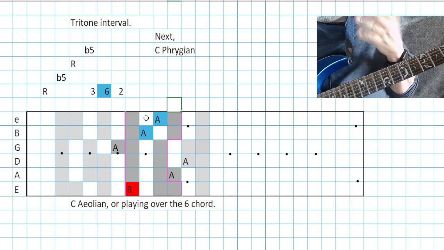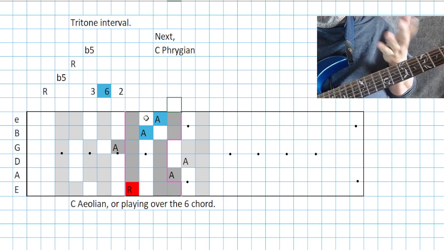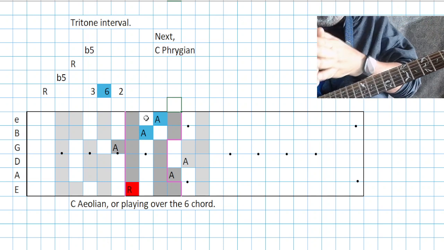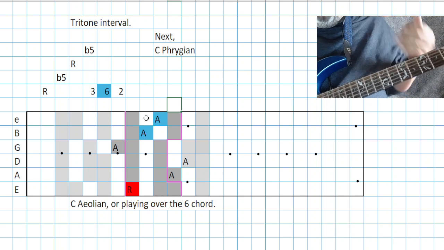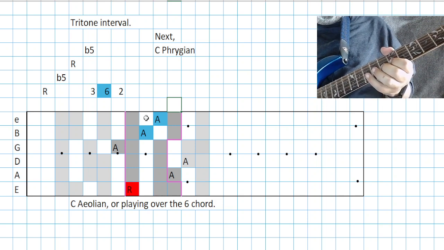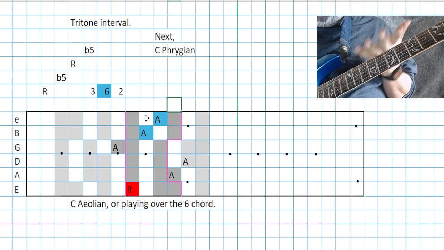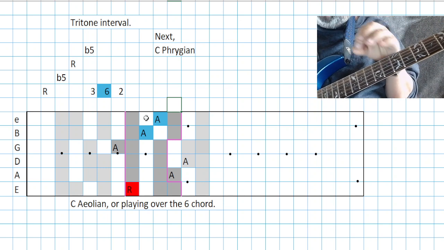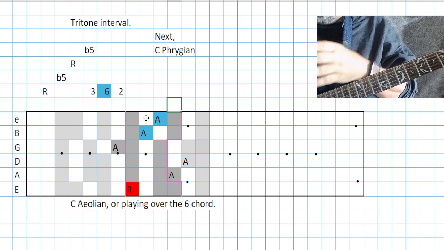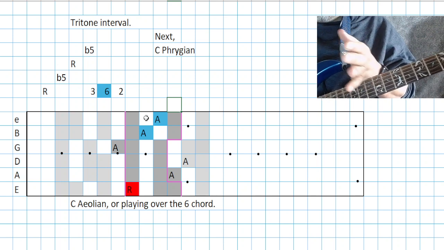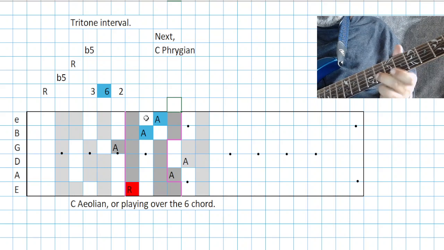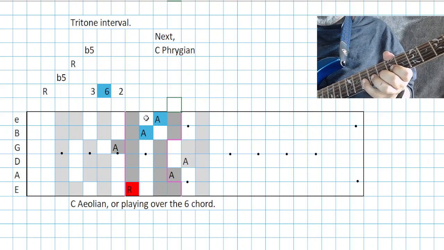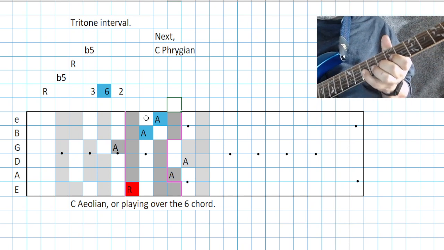So you can maintain some ambiguity by playing a pentatonic, so that you allow yourself room to go in different directions if you choose to play a pentatonic with the addition of one of the character notes but not both. That leaves you, basically in this case, the opportunity, if you just played this character note, you could be going from Aeolian to Phrygian, or from a 6 chord this could become a 3 chord.